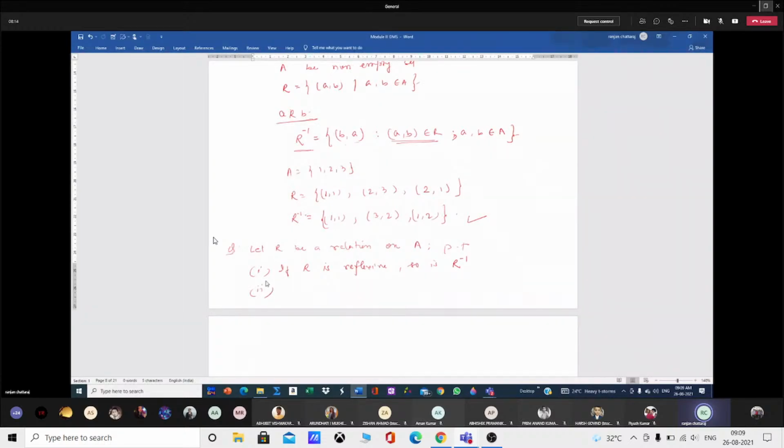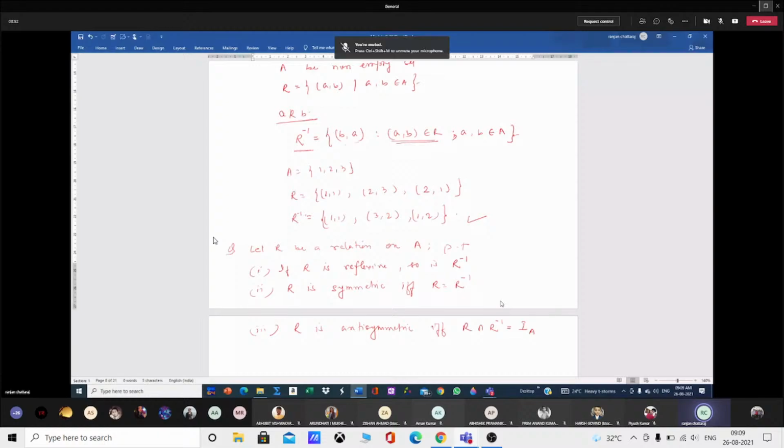Second, R is symmetric if and only if R is equal to R inverse. And third, R is anti-symmetric if and only if R intersection R inverse is contained in the identity relation I_A.